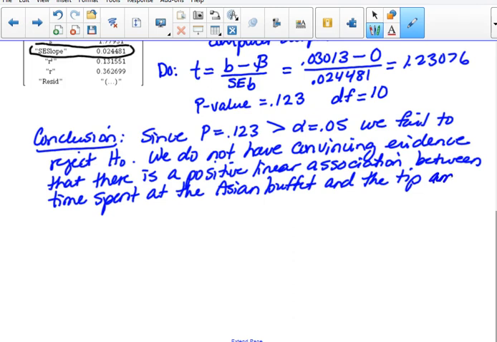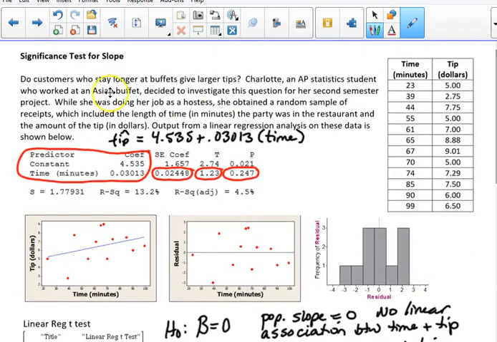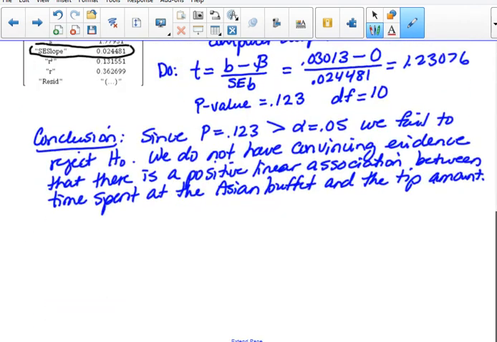So if we go back and look at how to answer the question that was asked, at the beginning here, got to kind of scroll up. The question is, do customers who stay longer at buffets give larger tips? We do not have statistically significant evidence of that. Okay.